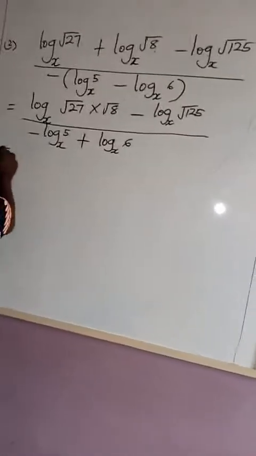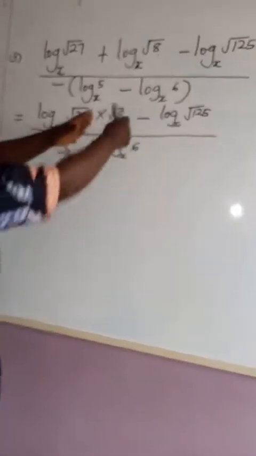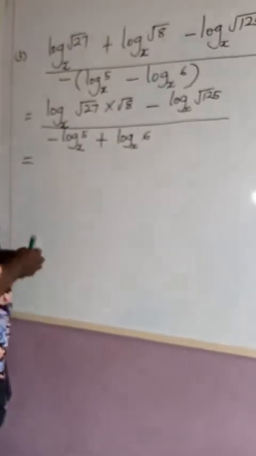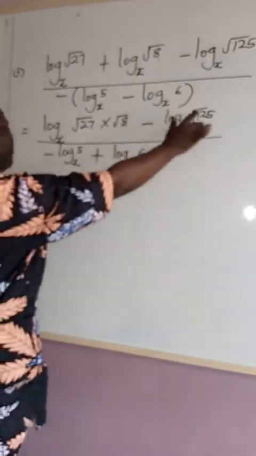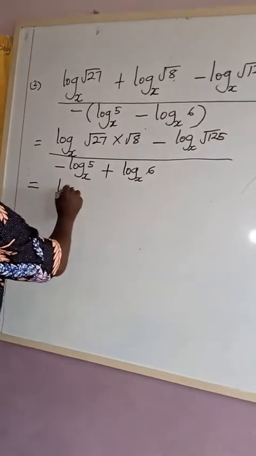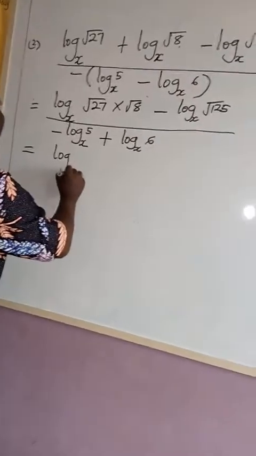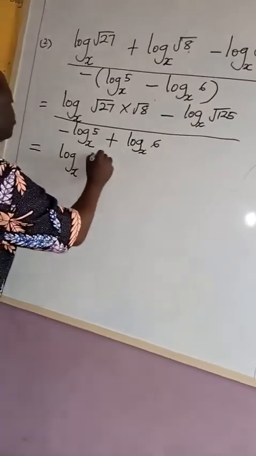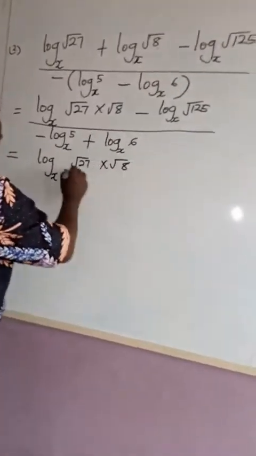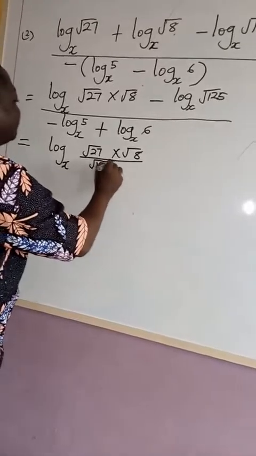Up here again, we want to apply that second law that says that whenever we want to subtract two logarithms of the same base, then we need to divide the numbers. And this is now equal to logarithm in base x of root 27 times root 8 all over root 125.